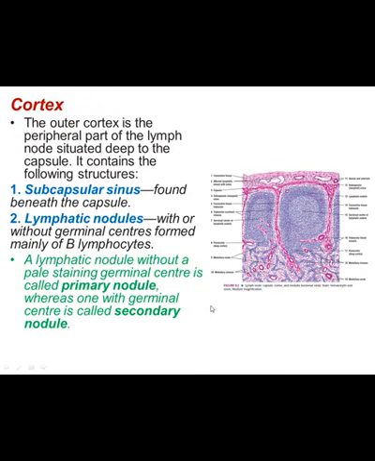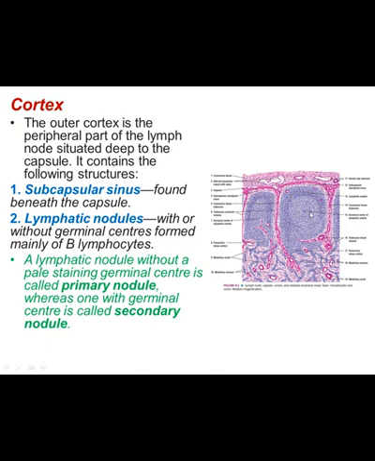Now we see the cortex in detail. The cortex is the peripheral part of the lymph node situated deep to the capsule. And it contains the following structures. Number one, subcapsular sinus, which is beneath the capsule. Next is lymphatic nodule.